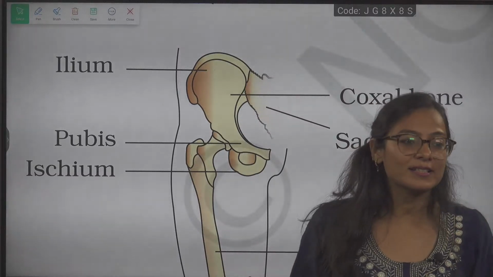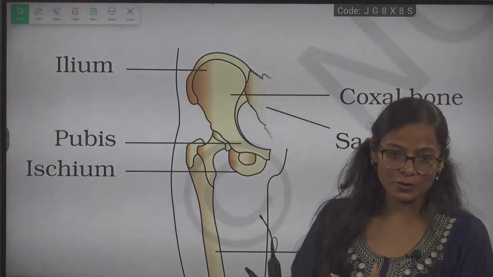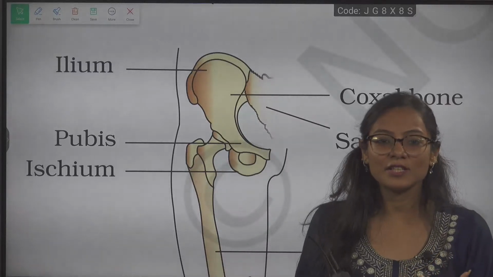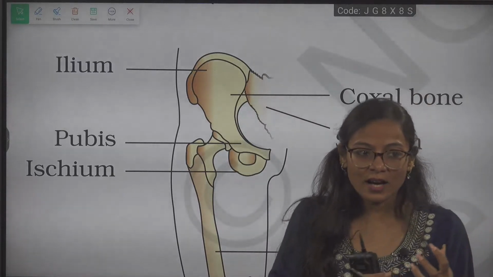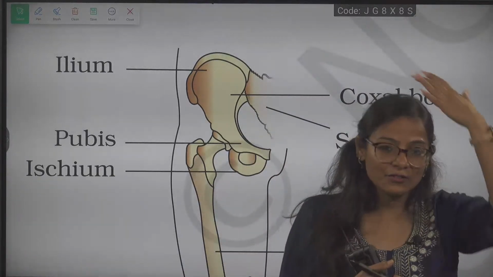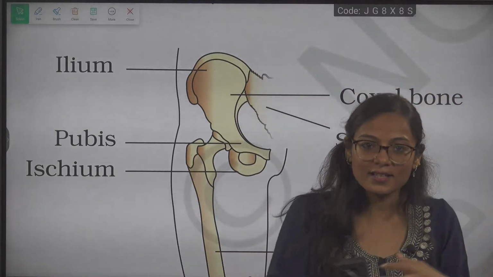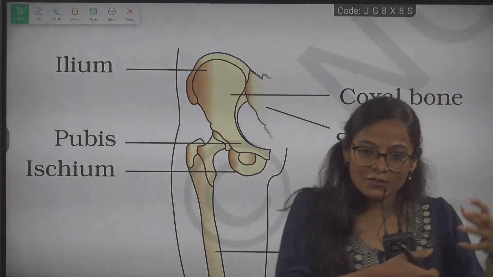The second correct answer is, just think, when the baby is coming out, that means the delivery, parturition of the baby is happening. When it is coming out of the mother, and you know that the head comes first, hai na? It is not the other way around.